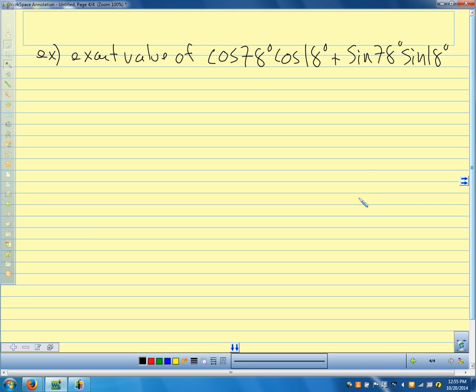So what we want to do with problems like this is match the form of the problem to an identity.